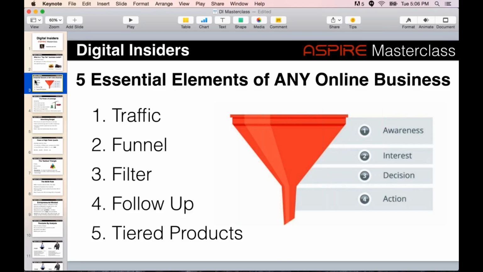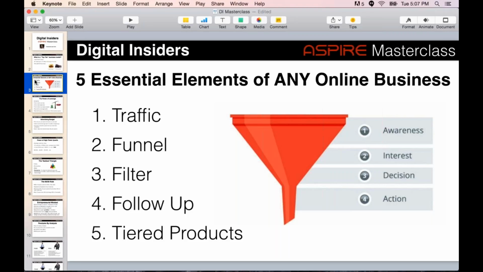Now, a funnel, what he refers to is more of a marketing funnel in the training, which is not like your initial sales funnel, which is referred to as the filter. But your marketing funnel is essentially where you're initially creating some awareness. So you have prospects, website visitors, you're generating traffic, and you're starting to create a little bit of awareness around your products and services and your brand and who you are.